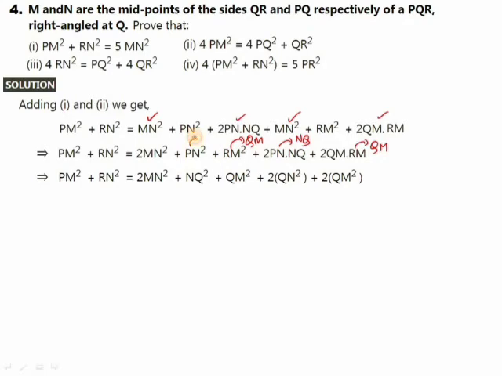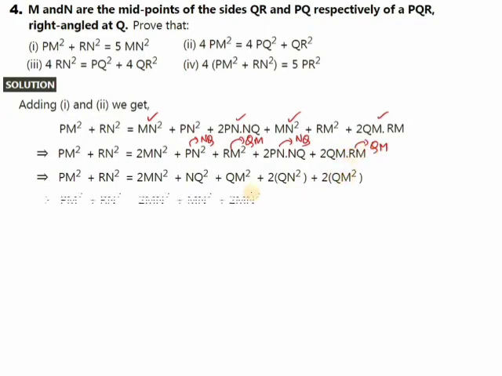So you get here 2MN square plus, in place of this if I write NQ, you get NQ square. In place of RM I have written QM here, and similarly here if you write PN as NQ, NQ into NQ becomes NQ square, or you can say QN square. Similarly this becomes QM into QM, which is QM square.